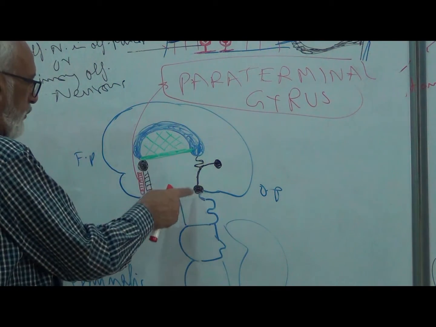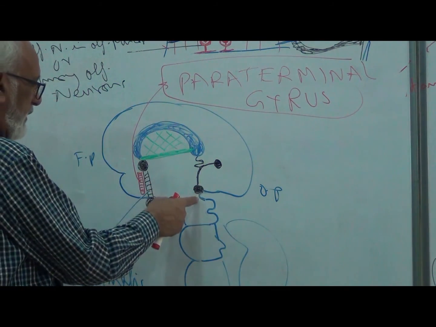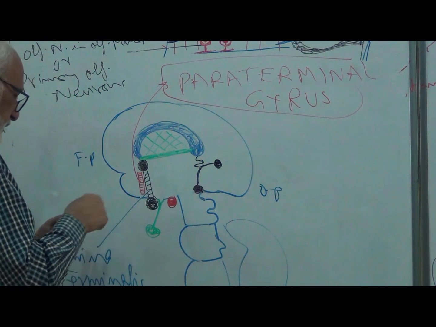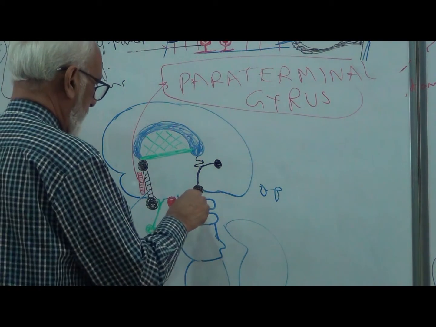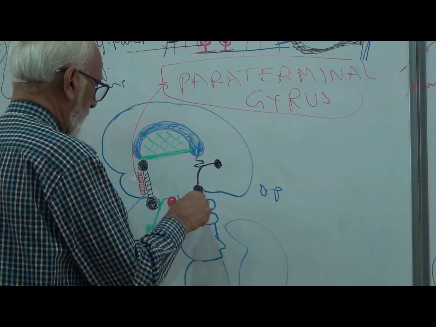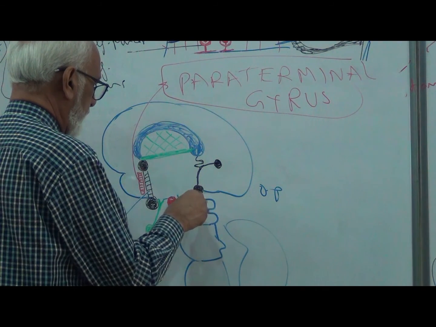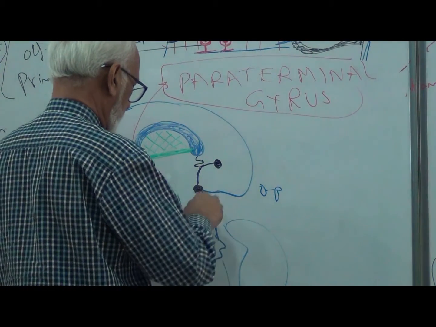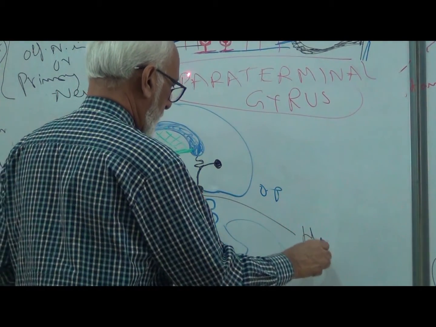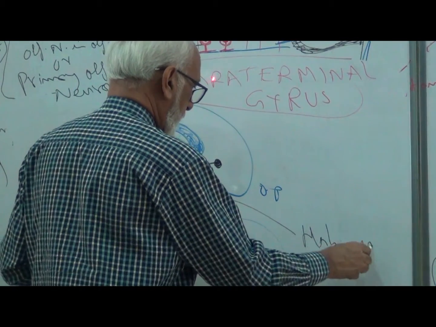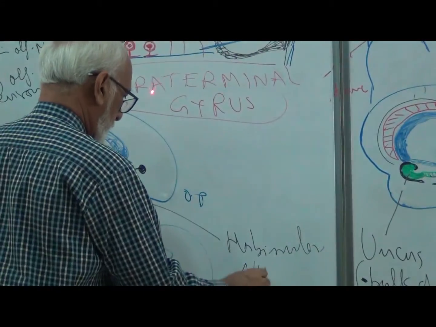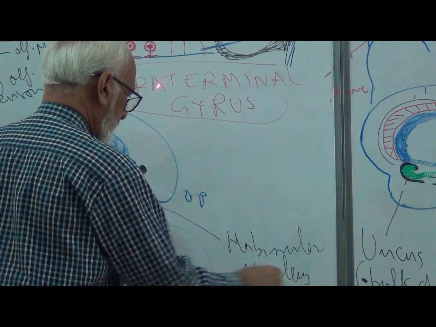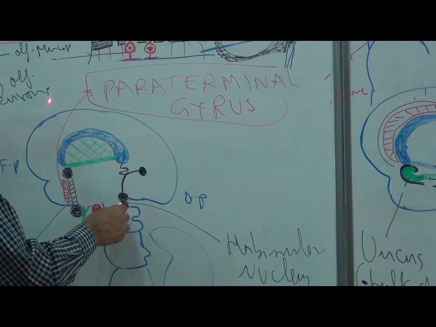So here in the lower part of the posterior wall of the third ventricle, just above the superior colliculus, there is a triangular area in which on each side there is habenular nucleus. One right, one left. This is lateral view, so one nucleus is shown.